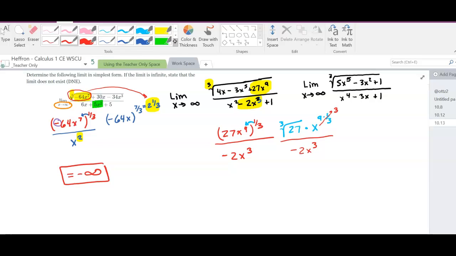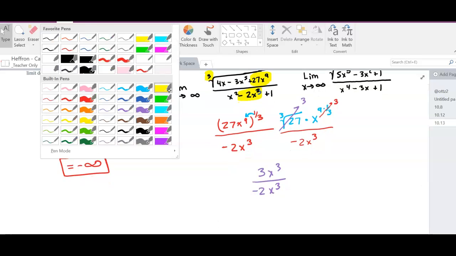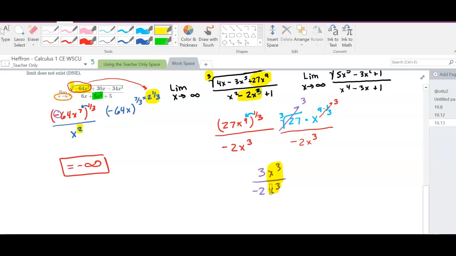So simplifying a little bit more, cube root of 27 is 3. So I'm going to have 3x cubed over negative 2x cubed. Well, this time, my x cubes cancel out, and I have a horizontal asymptote at y equals negative 3 over 2.